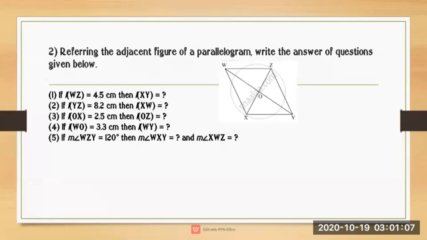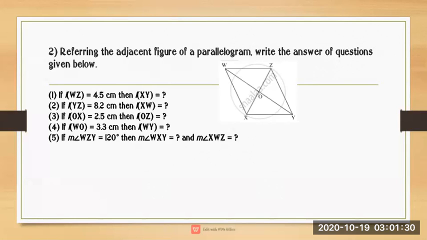If line YZ equals 8.2 centimeter, then XW equals dash. Very good. Then, same thing, you are giving the answers but not the full, only half. Very well.